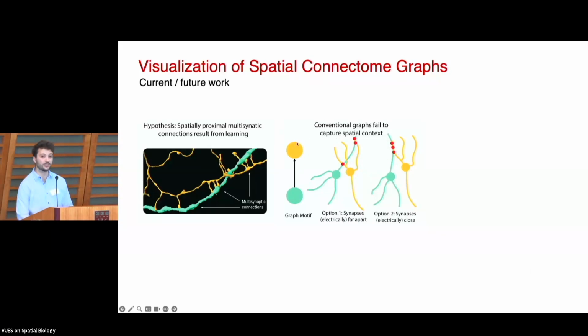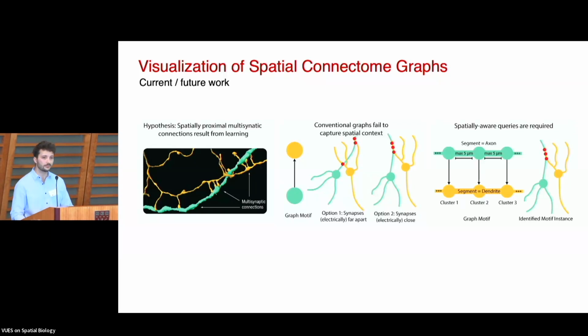However, the graph motif is still the same. It's not very specific in this case. So we're thinking about how we can build more spatially aware graph data structures and integrate them into our interactive analysis pipelines in order to reflect these graph motifs better.